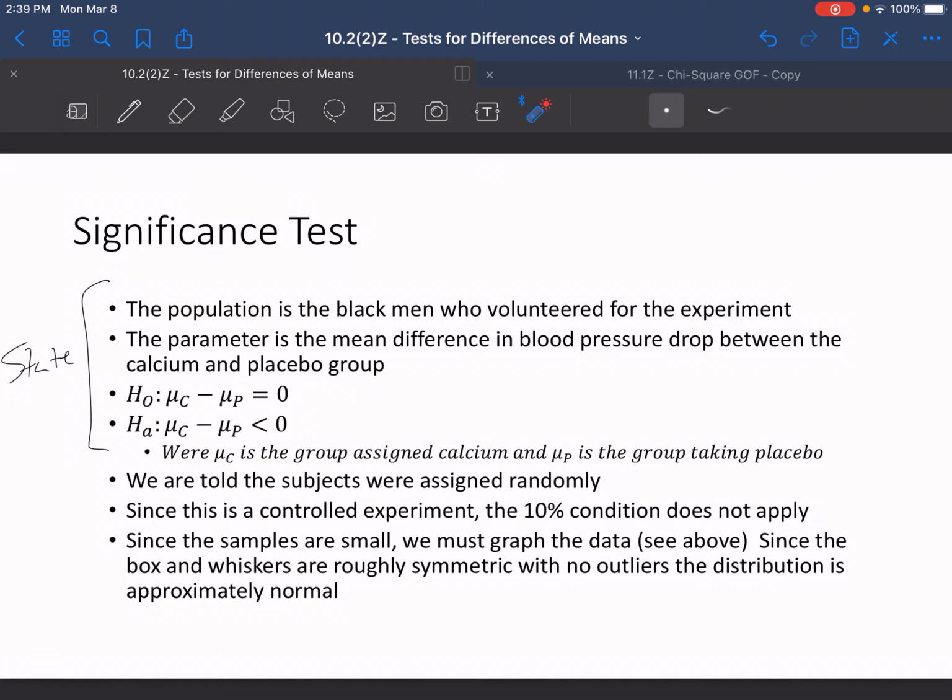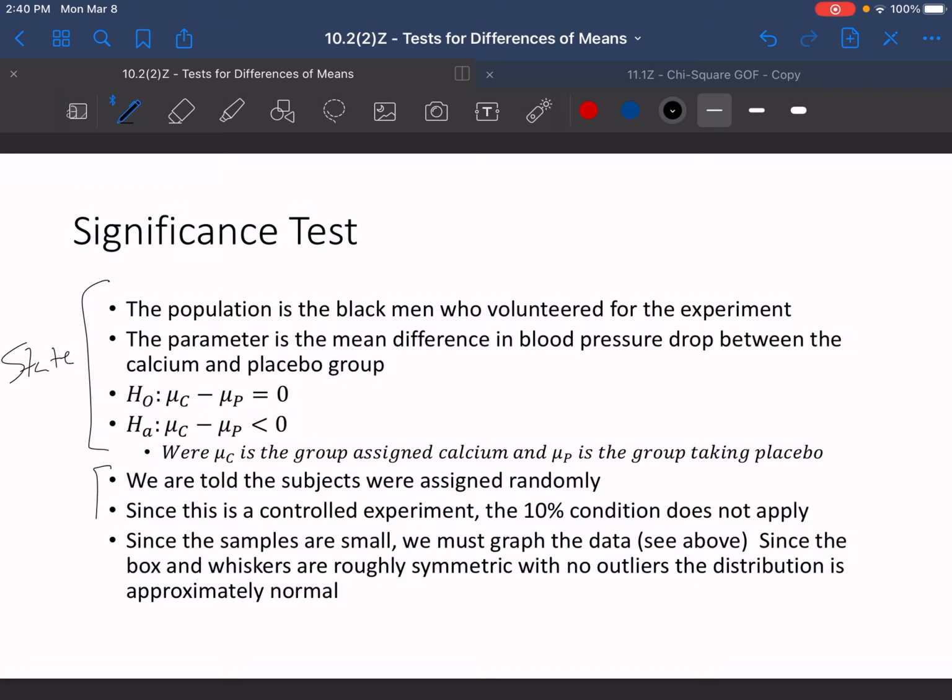And so this is where you actually have to state what these means actually represent. So our mean of C is the group assigned to the calcium, and our mean of P is the group taking the placebo in this case. So you do want to state what each one of these actually are.